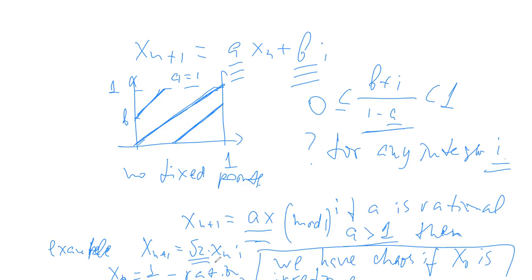Now, problem number 4. This problem was done in lecture number 14, I think. In a sense, it's a relatively easy starting point, because what we have here is xn plus 1 equals a xn times (1 minus xn).